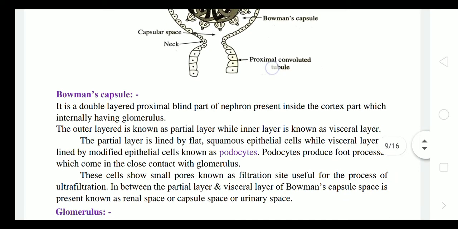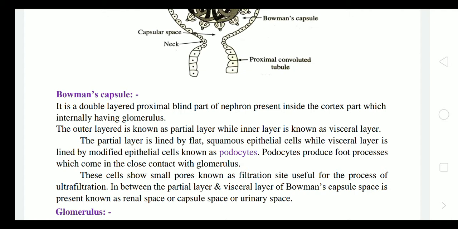The parietal layer is lined by flat squamous epithelial cells, while the visceral layer is lined by modified epithelial cells known as podocytes. These produce foot-like processes which come in close contact with the glomerulus.